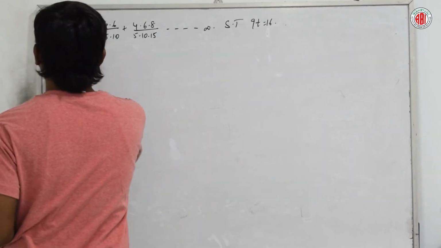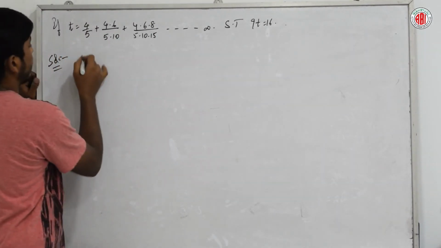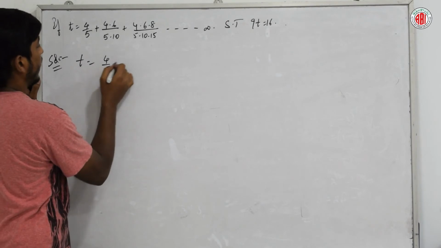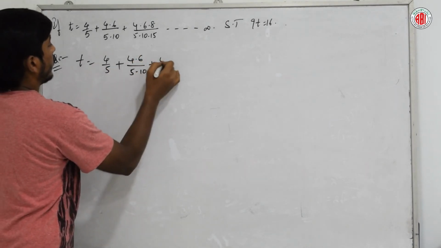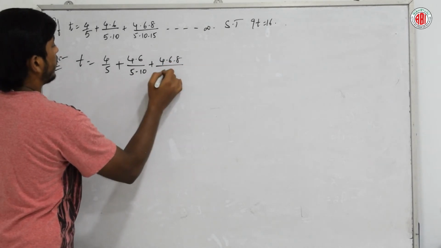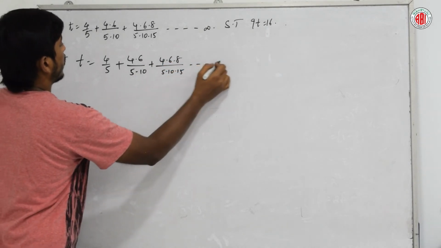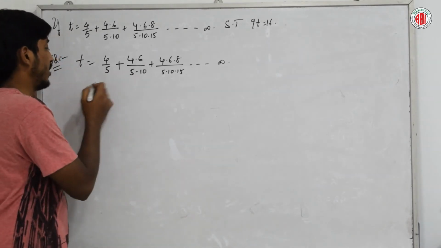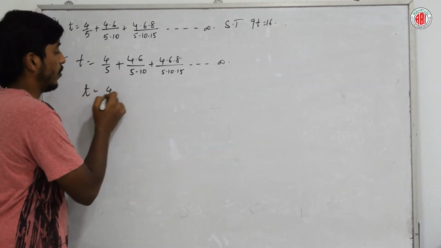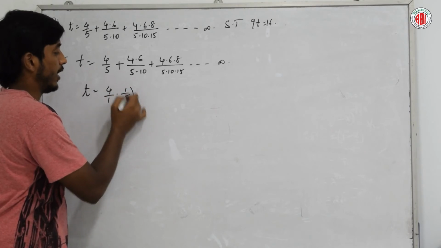Just again, it is given as t is equal to 4 by 5, plus 4, 6 by 5, 10, plus 4, 6, 8 by 5, 10, 15 and so on up to infinity. Is it okay? Now we have to reduce it. How do we reduce? 4 by 1 into 1 by 5.